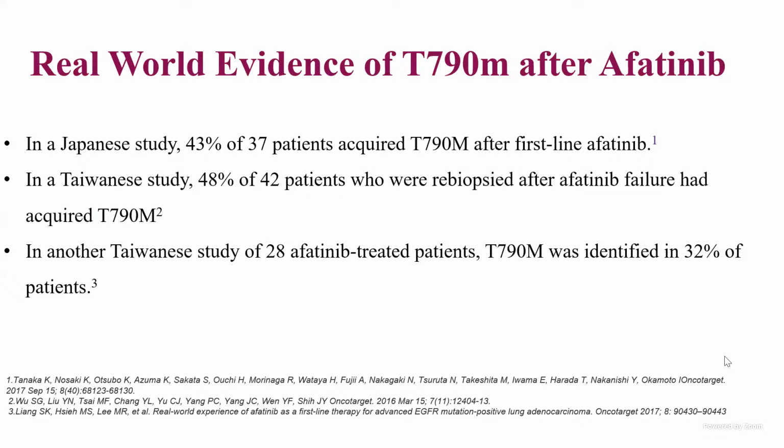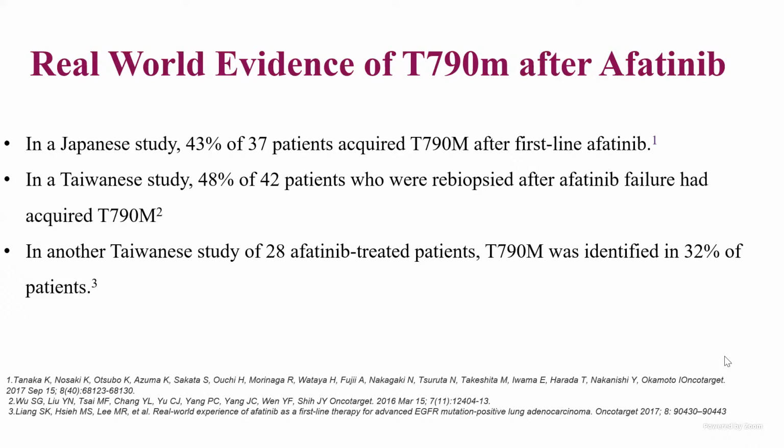So real world evidence after afatinib of T790M mutation development. In a Japanese study, 43% of the patients acquired T790M mutation after first line afatinib. In Taiwanese, 48% of the patients who were rebiopsied after afatinib failure had acquired T790M mutation.